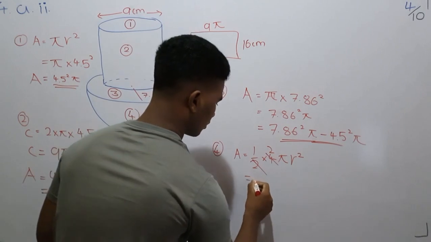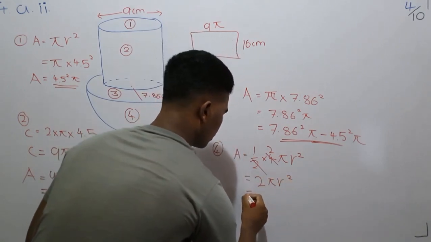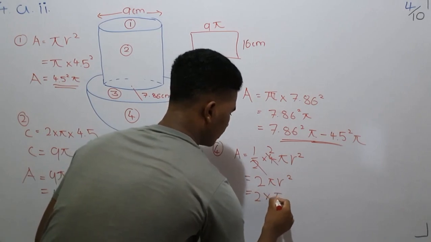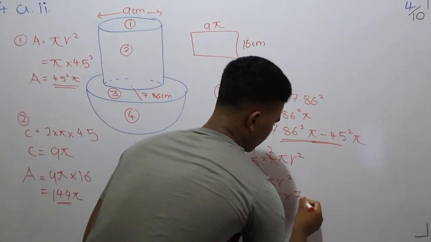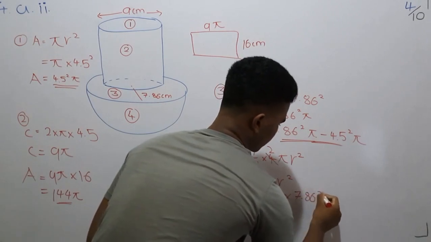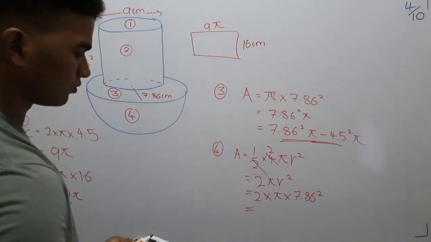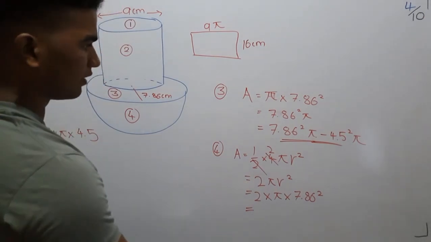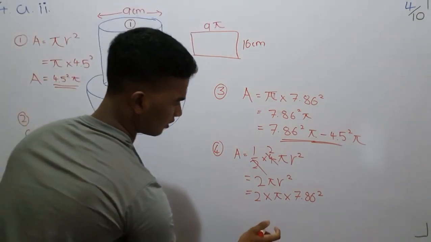So 2 pi r square. 2 into pi into 7.86 square. You can leave it like this, and then add the final answers. So we'll take this as the final answer.